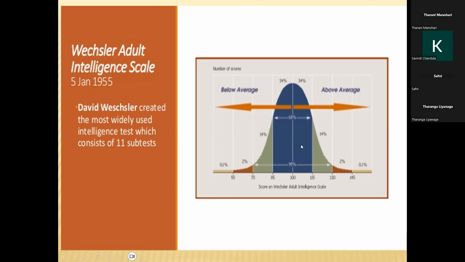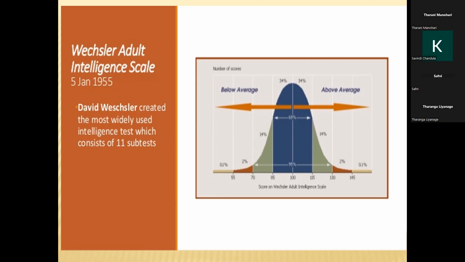We can see that about 60% of the population is within this blue mark, between 85 and 150. So 60% of the population ranges between an IQ level of 85 and 150.